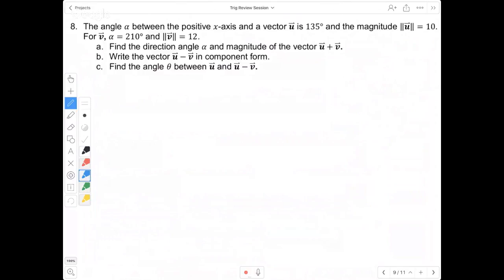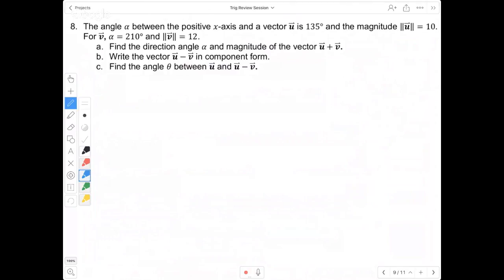We got about half an hour left. Vector sounds good. Ooh, but Maritza says an ambiguous case. Well, I'm going to do this one vector problem because I think this one was kind of a doozy. And then I'll go over ambiguous case.